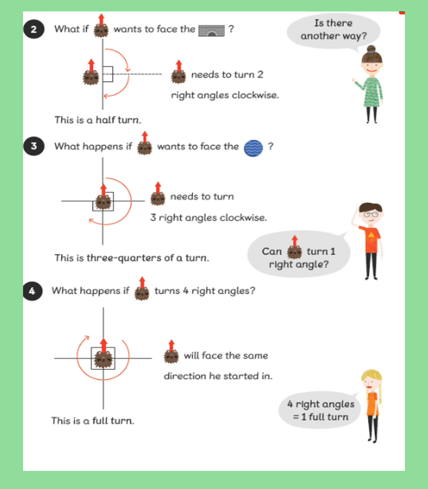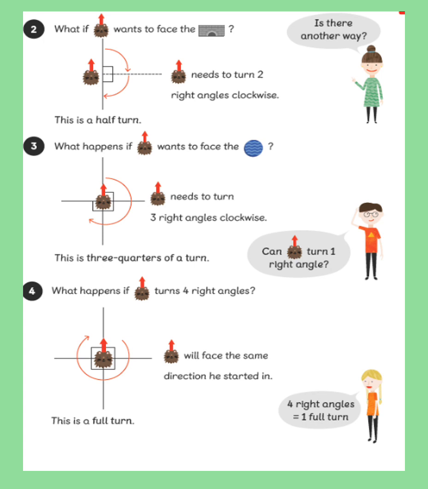Can he do it in one turn? Exactly right. He can make one right angle anti-clockwise turn. Check with your parents, pets and partners if you didn't get that one. Finally then, if Chewy were to make 4 right angle turns in either direction, he would end up where he started. Try it yourself or on a willing volunteer.